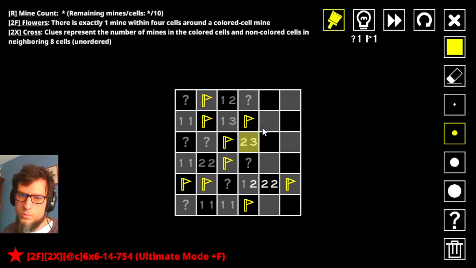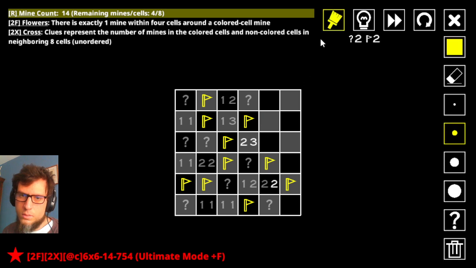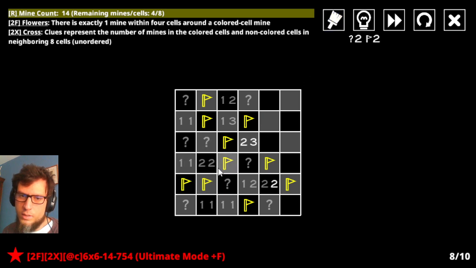So if this is a mine, then that can't be, which would force this. And if this isn't a mine, it would force both of these. So either way, this is forced. So that's out. 4 mines left.